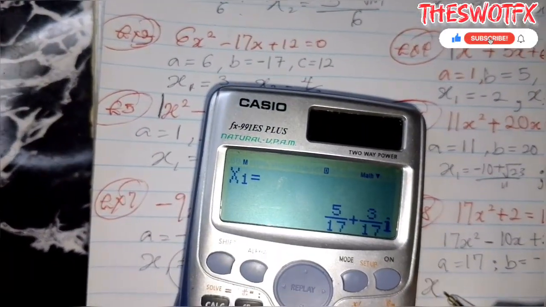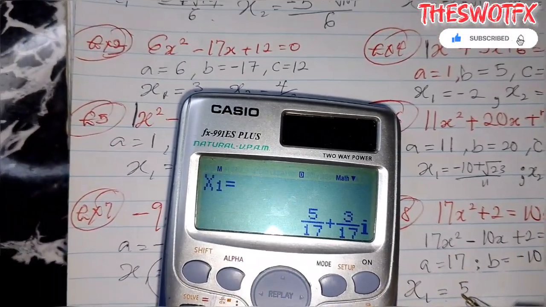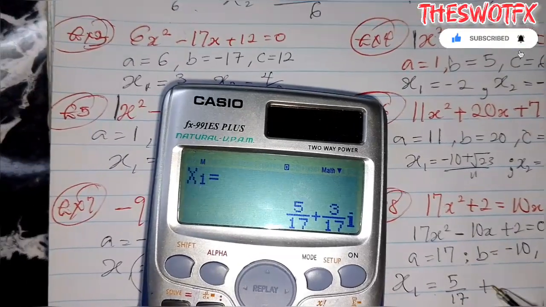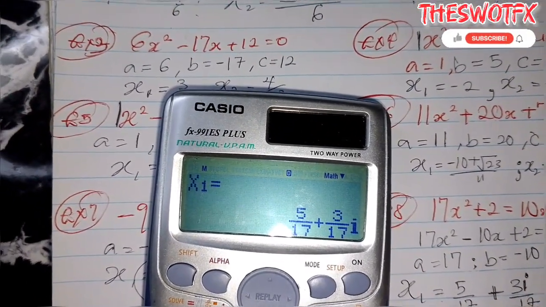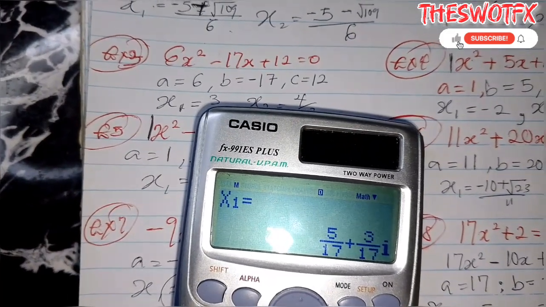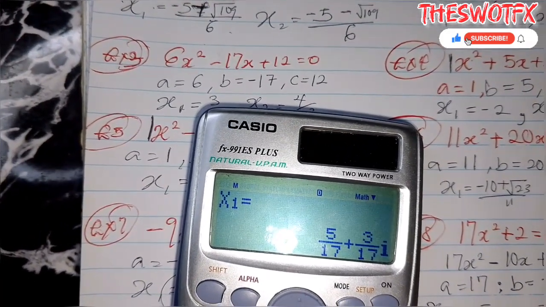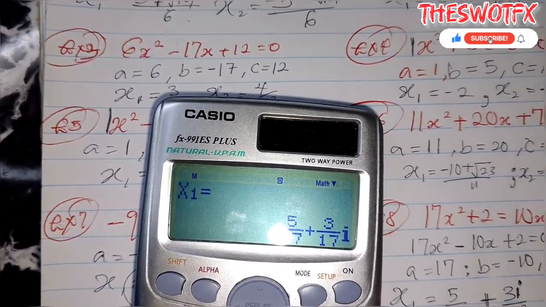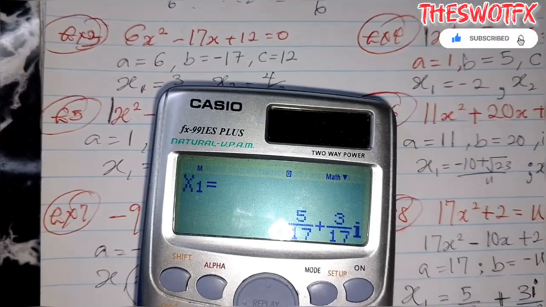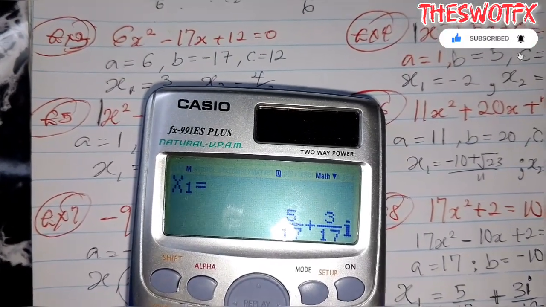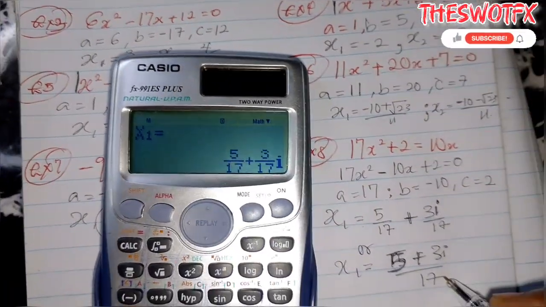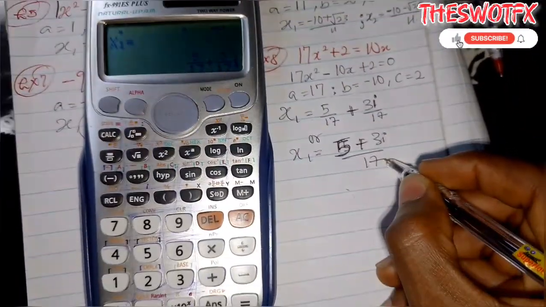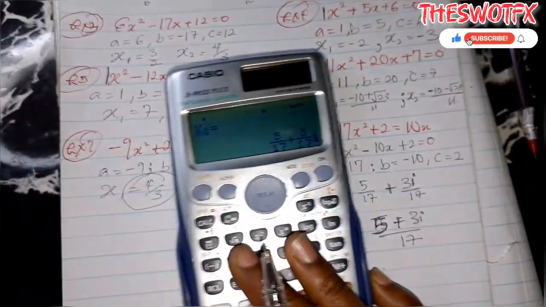So our x1 is 5 over 17 plus 3i over 17. So this simply means our x1 is 5 plus 3i over 17. So to get our x2 now, you press equals to again.